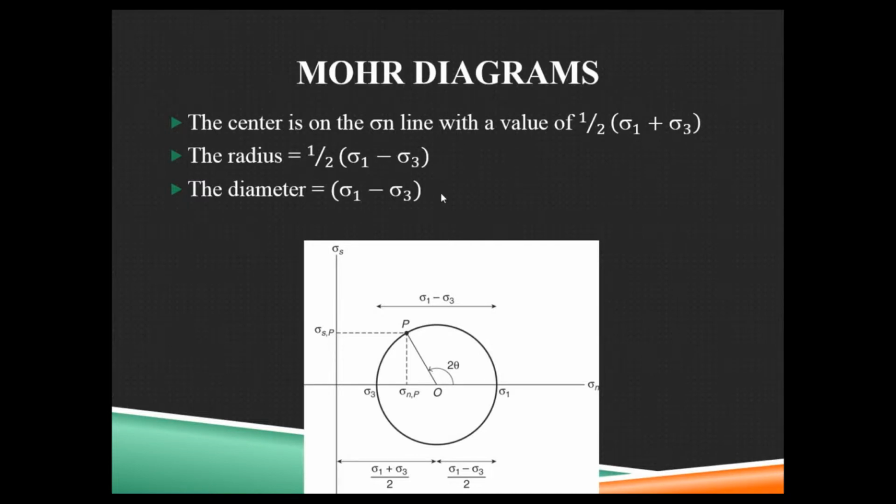If you have a fracture because your object broke, like in that clay model, you can draw a line at 2 theta. You measure the angle theta, throw your protractor on here, measure 2 theta from the right.